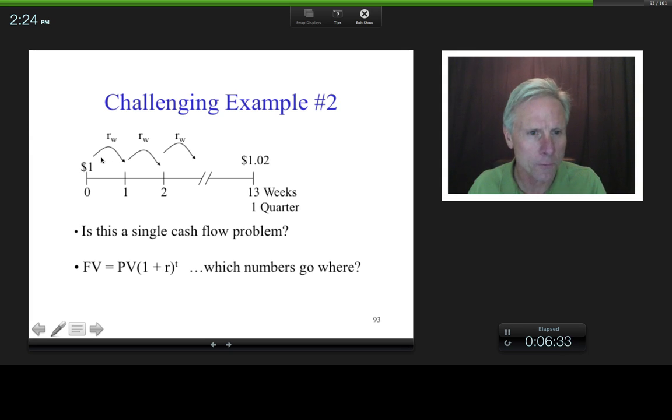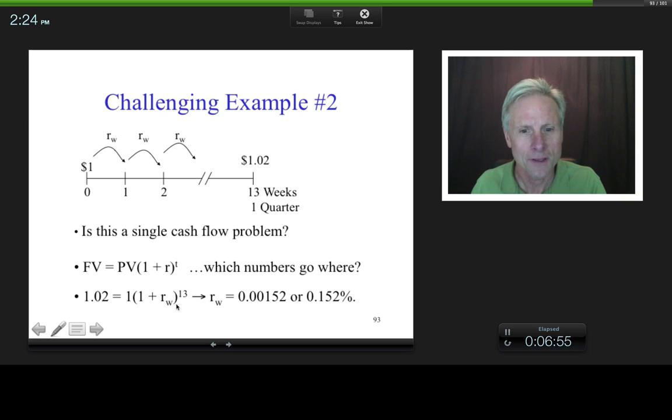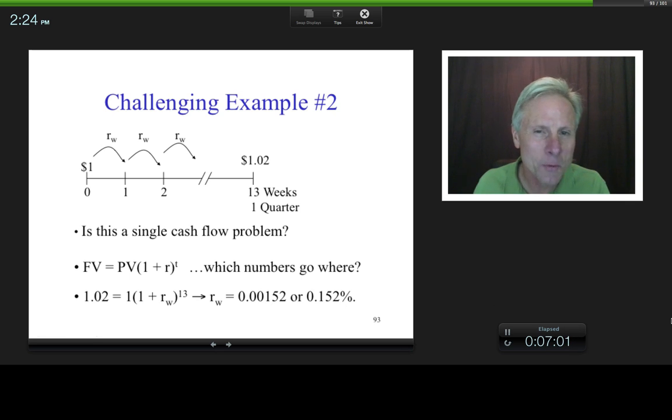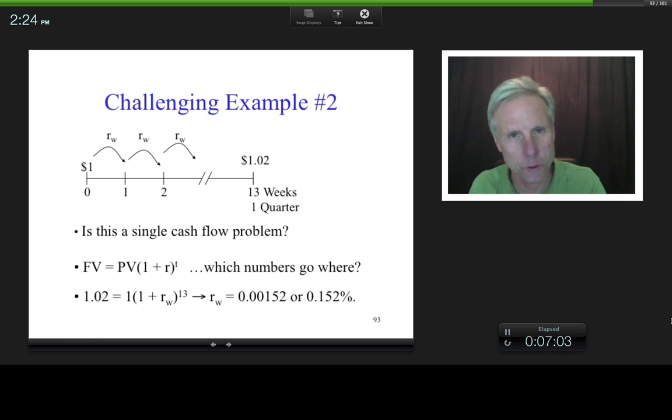Well, that's what we're solving for. We're trying to figure out the effective weekly rate. And what about my T? Well, how many periods am I moving this dollar forward? 13, right? So T is 13. If you do that and you solve for R_W, you'll get about 0.152% or 0.00152. So we now have an effective weekly rate and we have an effective 2.5-year rate.